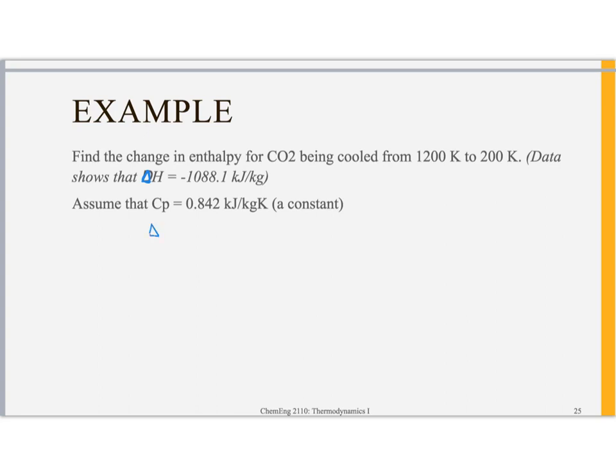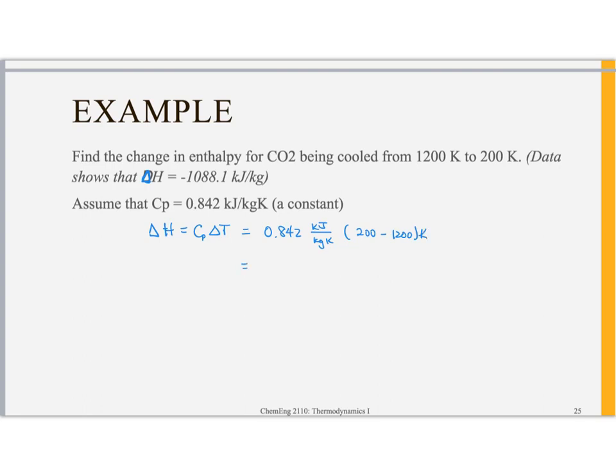Delta H is, by definition, C sub P delta T for constant C sub P, and so therefore it's 0.842 kilojoules per kilogram Kelvin times 200 Kelvin minus 1200 Kelvin, final minus initial.